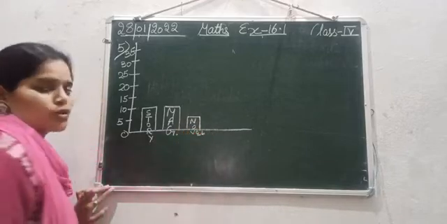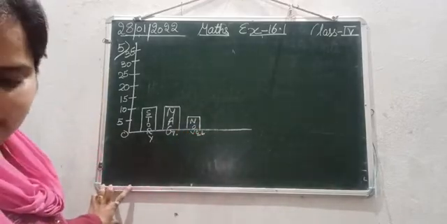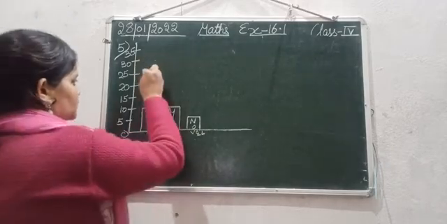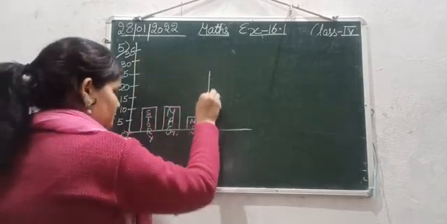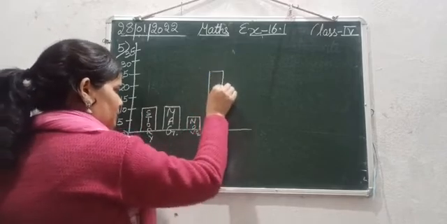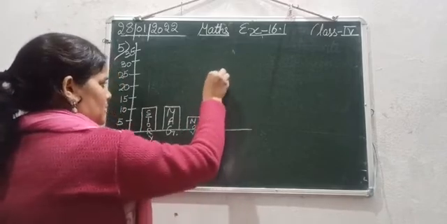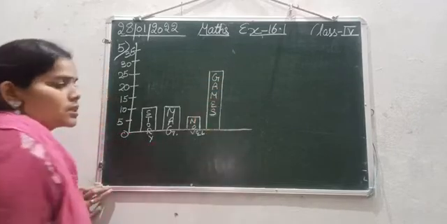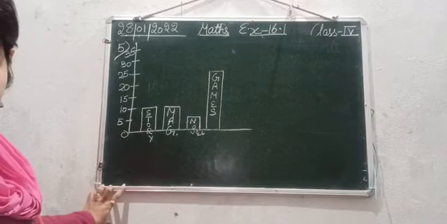That is novel. Next is games, that is 25. This is the number of books, that is games. Okay, this is games.